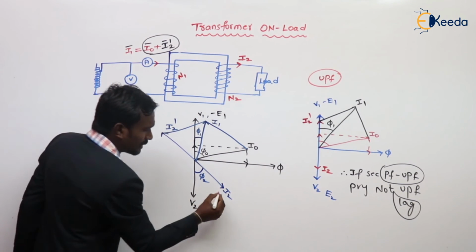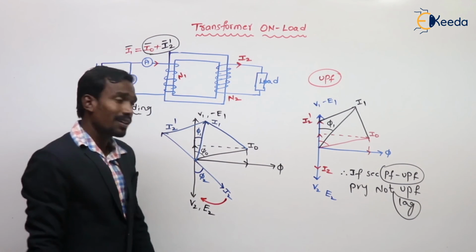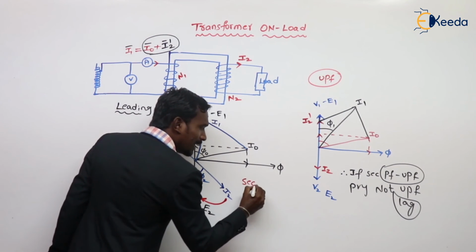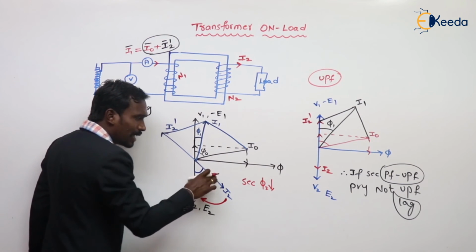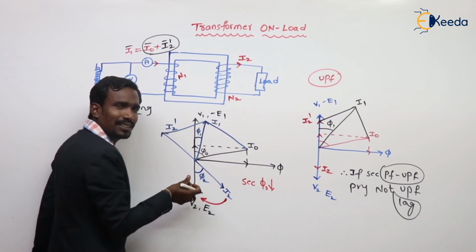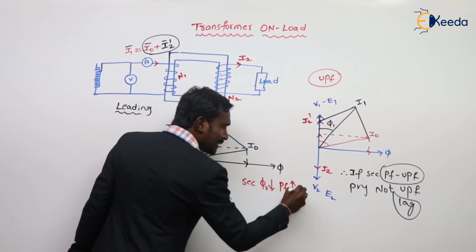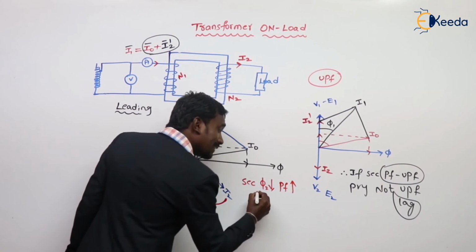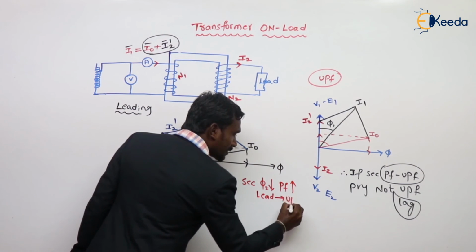Again here, for example, this I2 vector is in this direction. In the secondary, if phi 2 decreases, the power factor increases, from leading to the unity power factor.